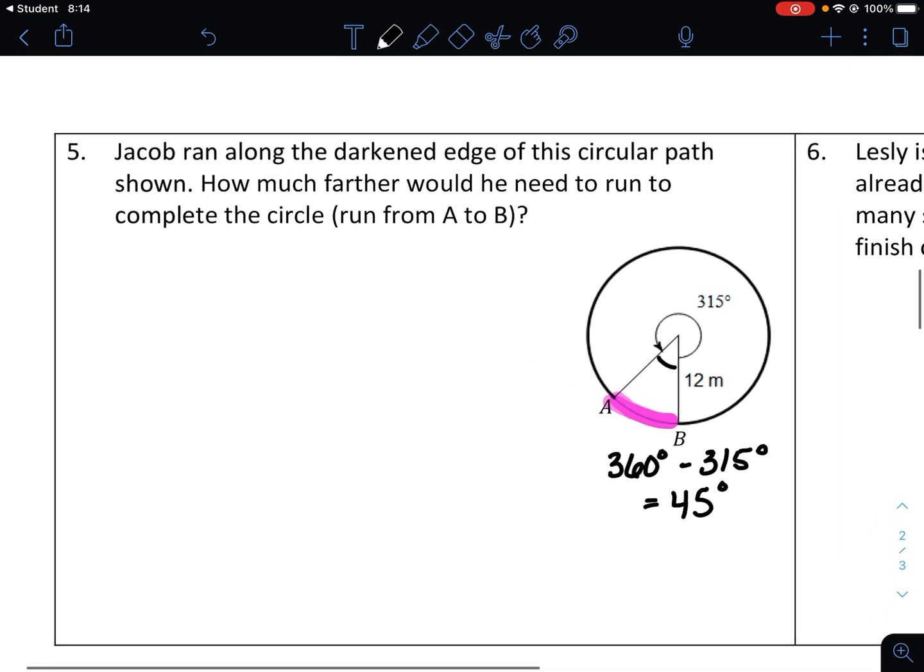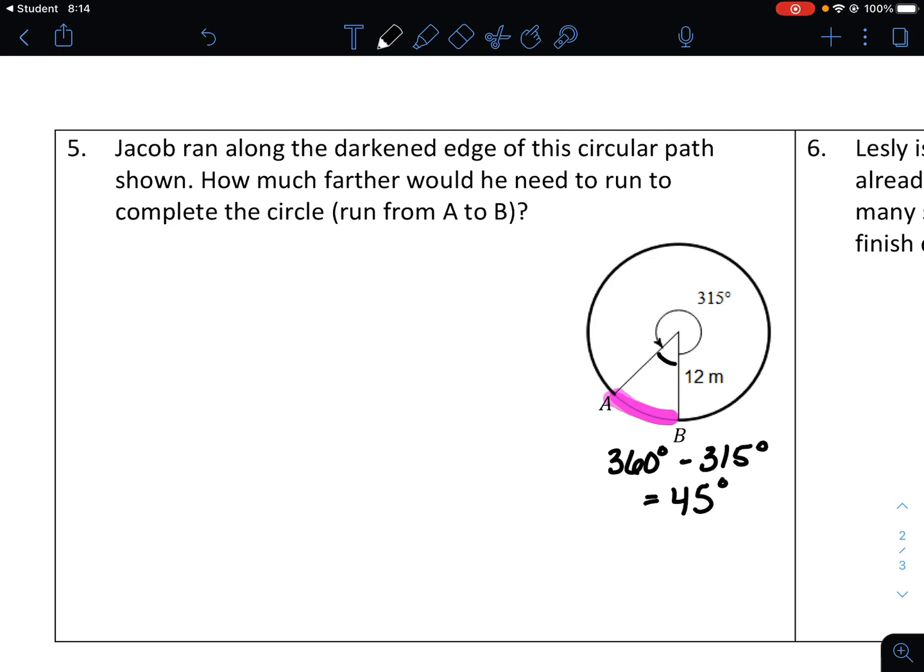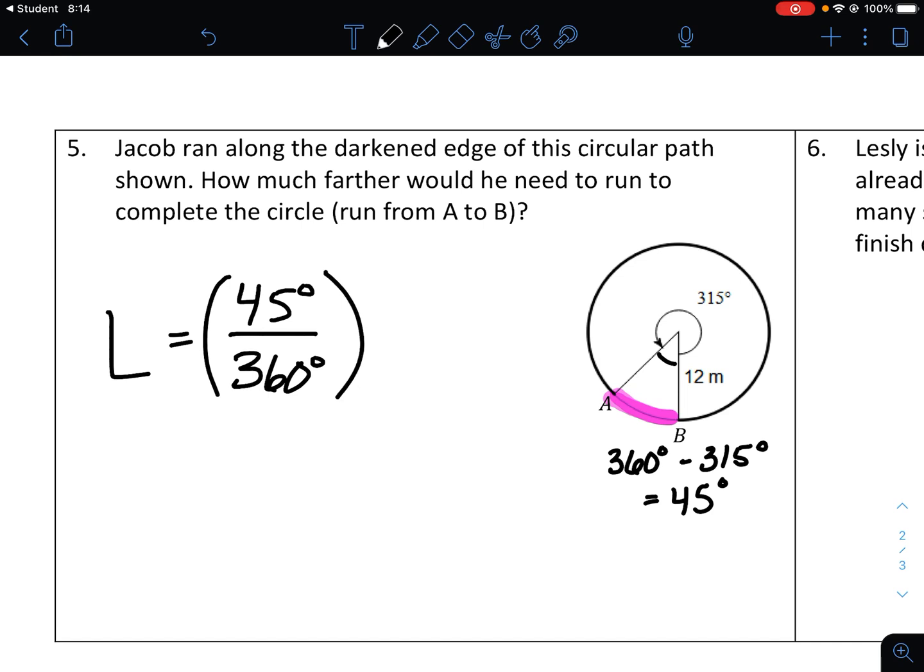This is part of the circumference, so we're looking for arc length here. So again, we're going to multiply by the fraction of the circle, the 45 degrees left over that he has to finish, divided by the full circle, and then multiply by the circumference, which is 2 times 12 meters times pi.